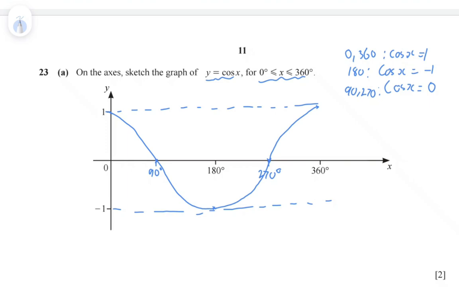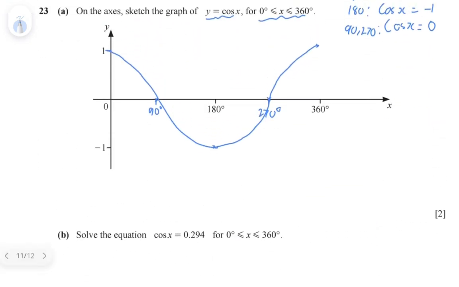And try to make the graph look as symmetrical as possible, as we know that it is symmetrical around the point x equals 180. So this is our graph of y equals cos x. These dotted lines are just for reference to make sure that we do not exceed 1 or negative 1.